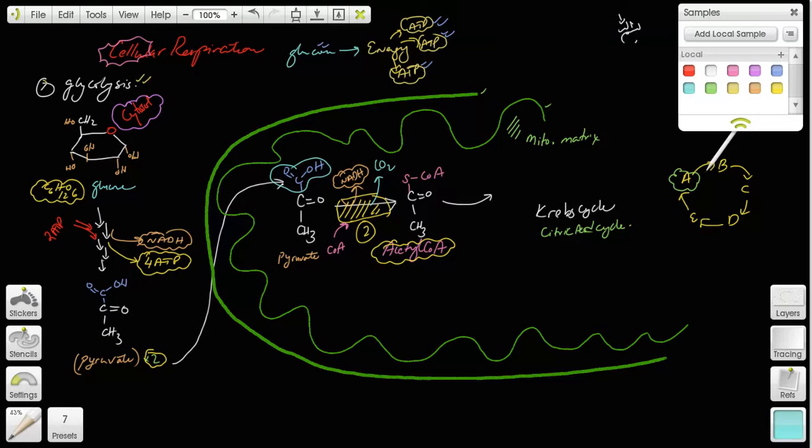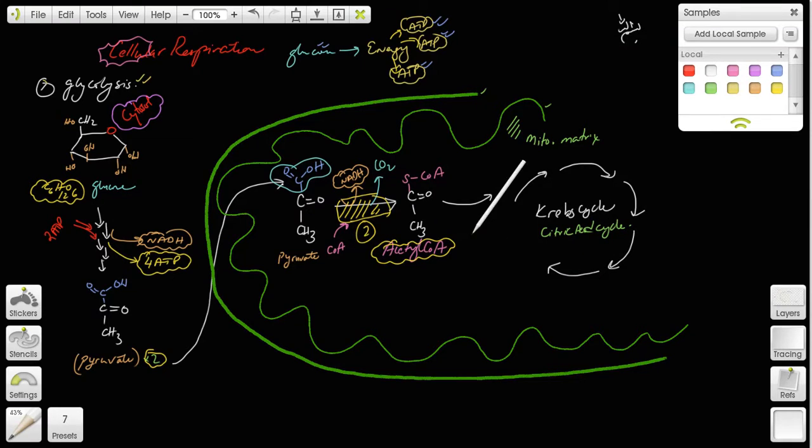So a cycle is a series of reactions which result in the production or regeneration of the original substrate, in this case A. So what happens here then is that acetyl-CoA joins the cycle, which is known as the Krebs cycle, and with a series of reactions, acetyl-CoA is going to be regenerated.